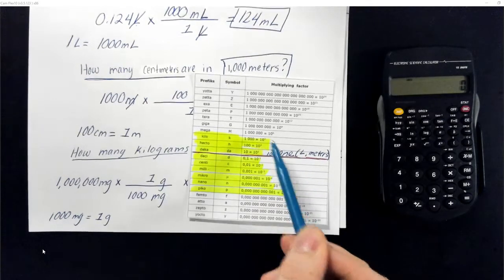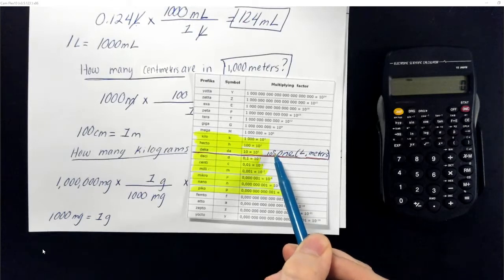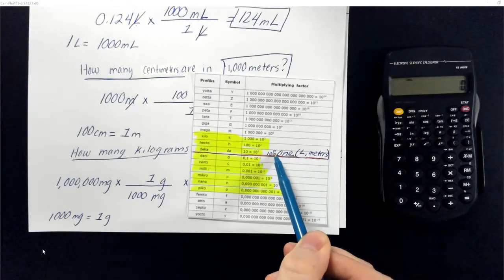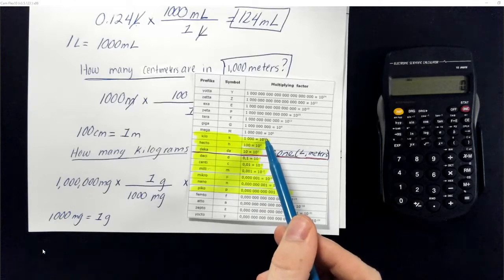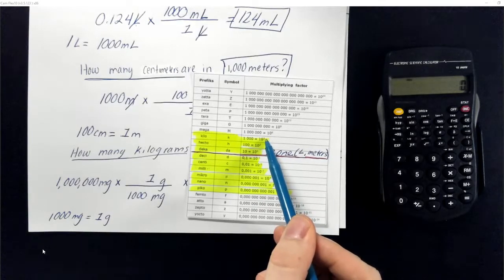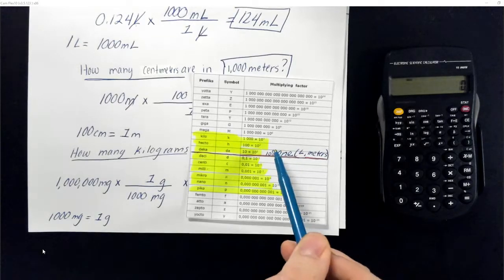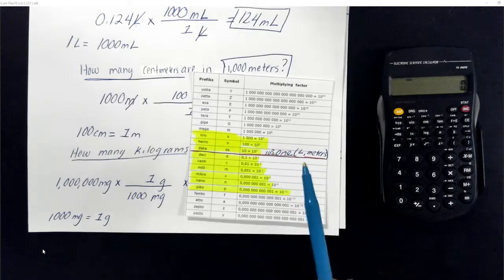You see, this time the base is not 1 because it is the smaller unit. Kilogram is bigger, so it has to be 1. The base has to have the large number this time.